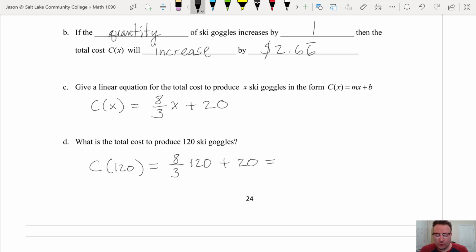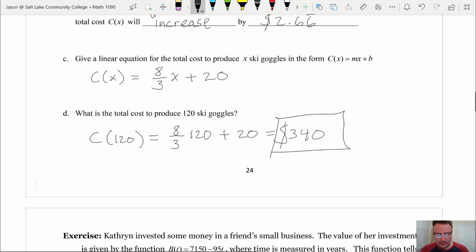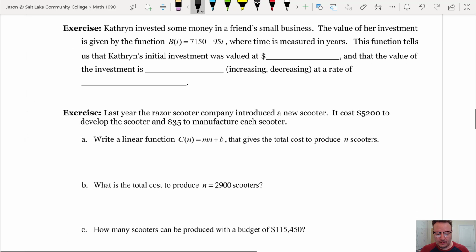So that's 40 times 8, which is 320, plus 20, or 340. So it's going to cost us, I'll put the units in there, $340 to produce 120 ski goggles.